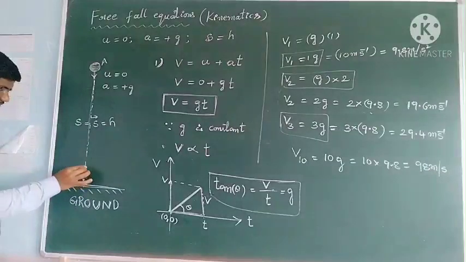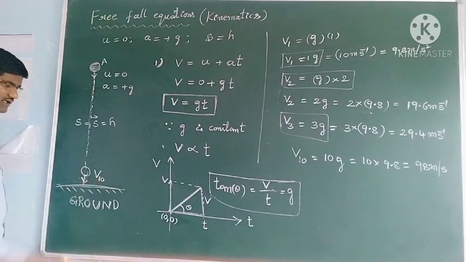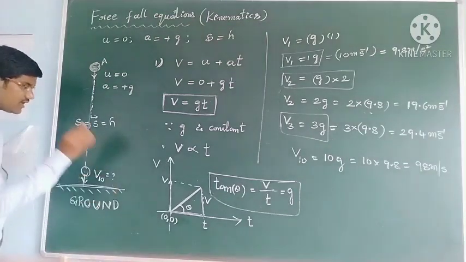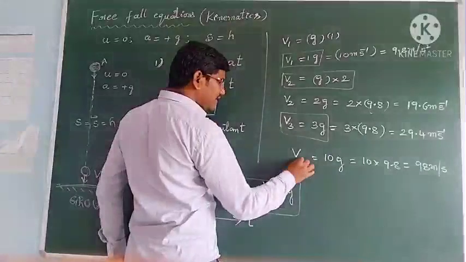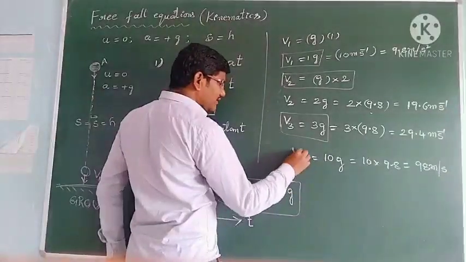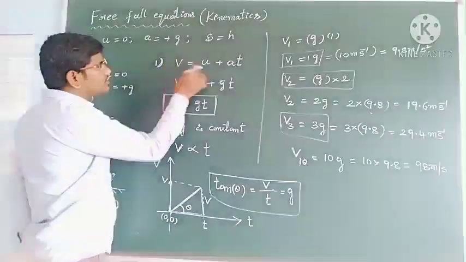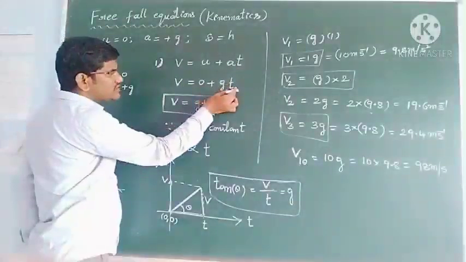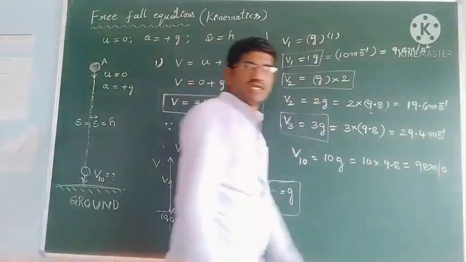So it will hit the ground with a certain velocity, v10 they will ask you. Velocity after 10 seconds formula is what? For a freely falling body, u value 0, a value g, t value 10, so you will get 10g. So 98 meters per second.